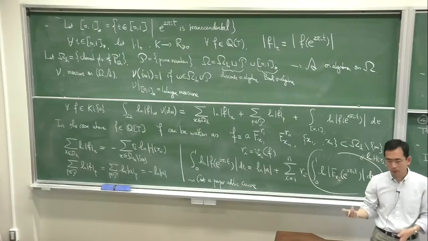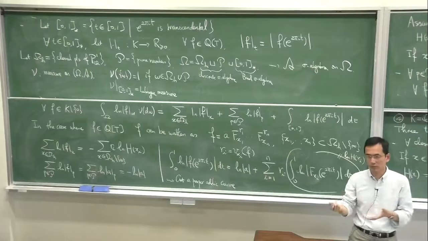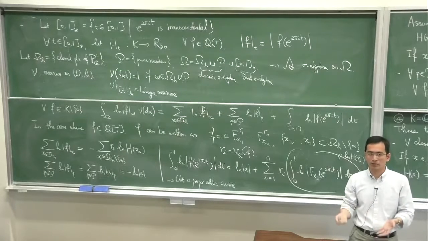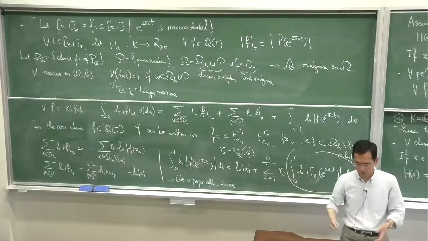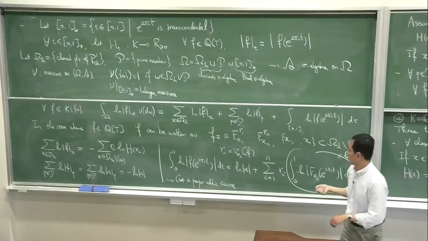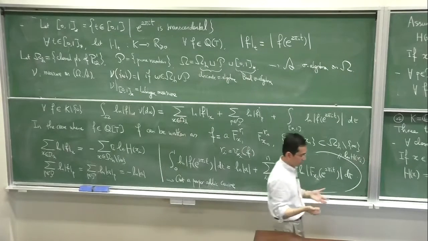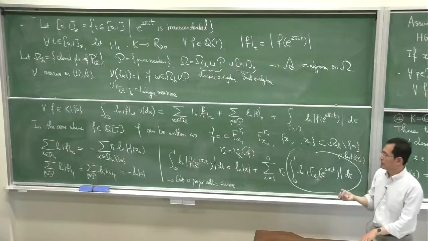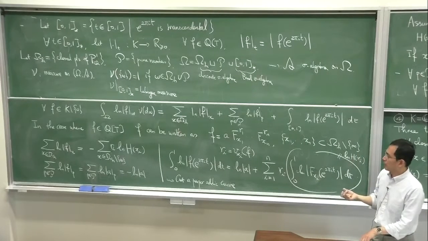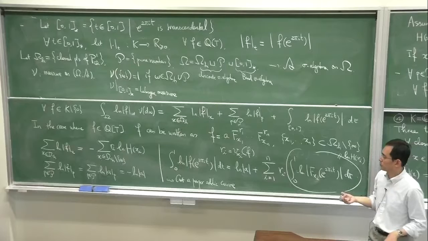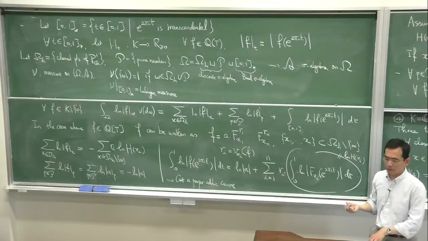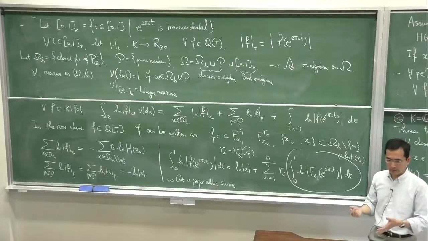Of course, you can take another point of view: you take some topological space with Borel sigma-algebra, and then you can do a similar thing. But in some sense, it's more convenient to consider measure spaces, because if you have a family of measurable functions and you take the limit of the family, you automatically get a measurable function.